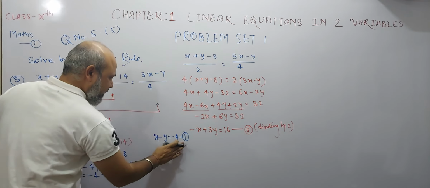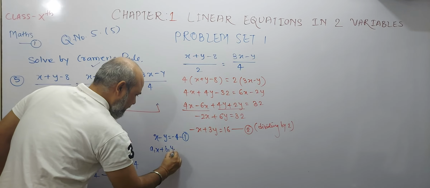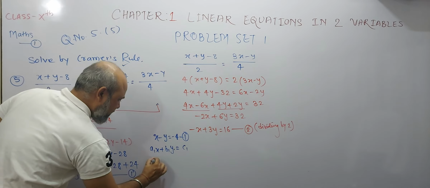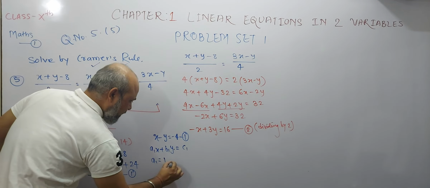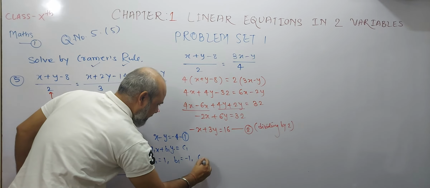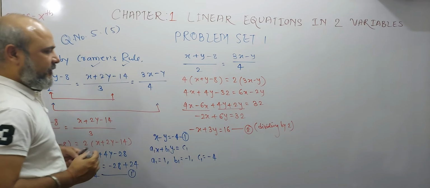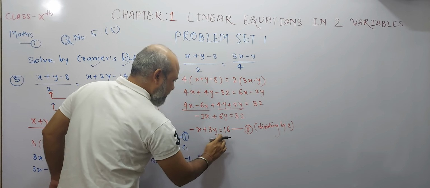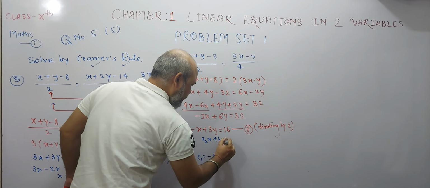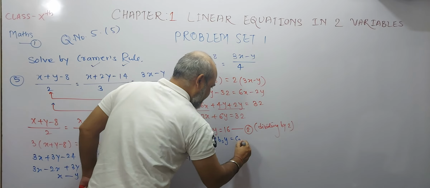So I will compare equation 1 with a1x + b1y = c1. You will get a1 is 1, b1 is minus 1, and c1 is minus 4. Similarly, we will compare this equation with a2x + b2y = c2.